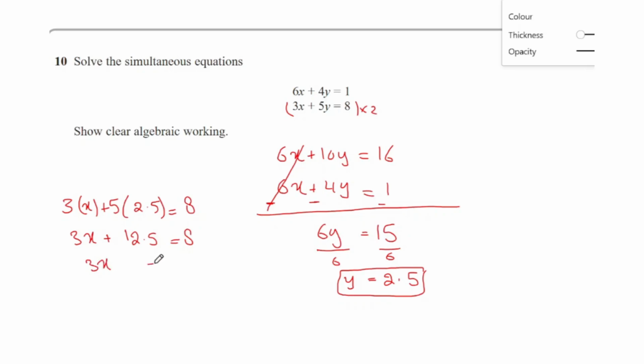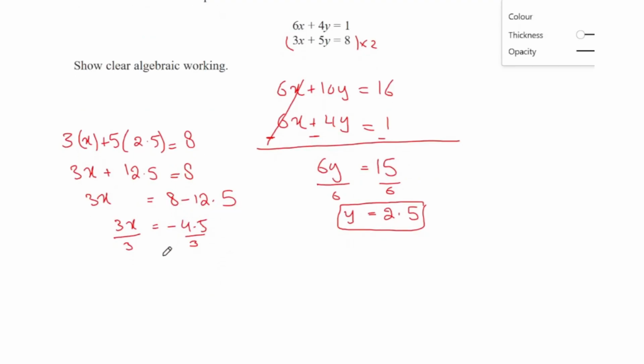So 3x equals 8 minus 12.5. So 3x equals minus 4.5, divide both sides by 3. So x equals minus 1.5. So x equals minus 1.5 and y equals 2.5.